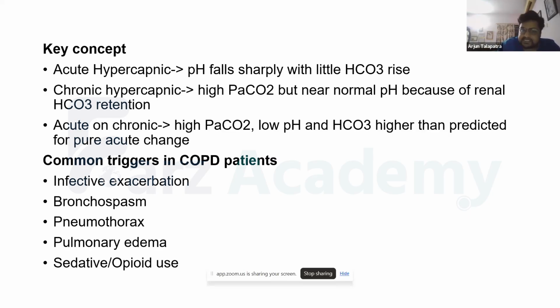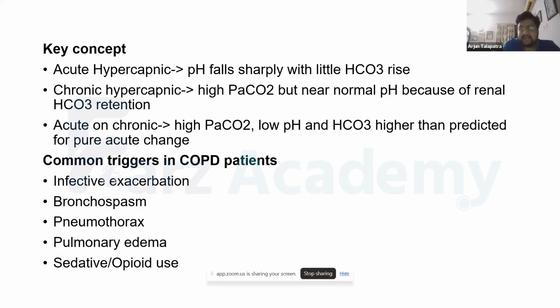You'll have a higher PaCO2. Why? Because your body has time to retain the bicarbonate, right? And acute on chronic is something between the two. So your PaCO2 would be high, your pH would fall, but your bicarbonate would be higher than predicted. Like she calculated the bicarbonate for acute respiratory acidosis, it was higher. That means there is an acute and chronic component. Okay? So this is the take home from this.